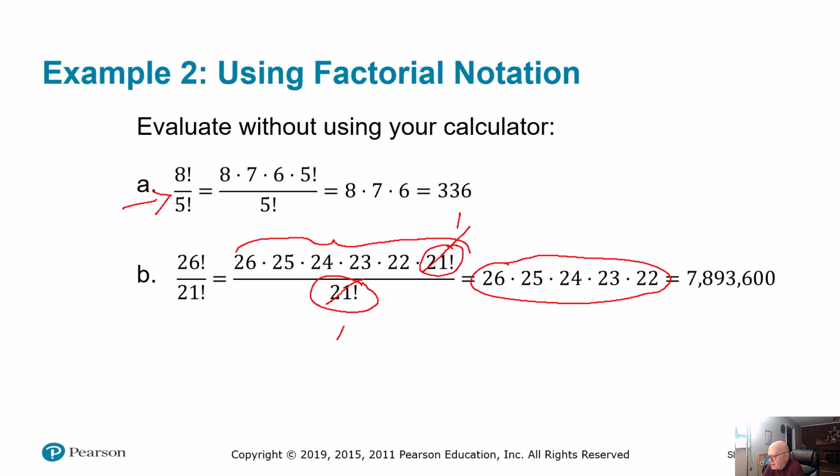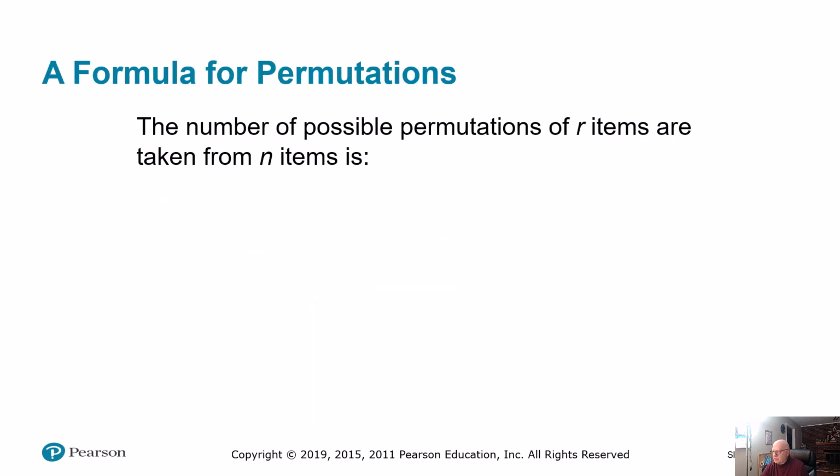And this is where even the best of us at arithmetic are probably going to resort to using a calculator. So 26 factorial over 21 factorial is over 7.8 million.